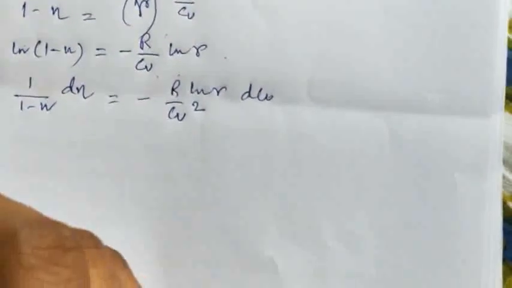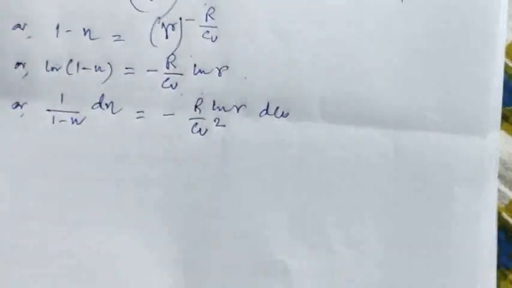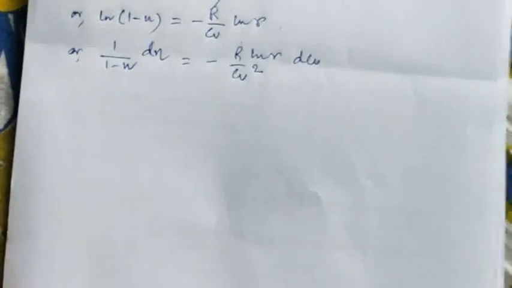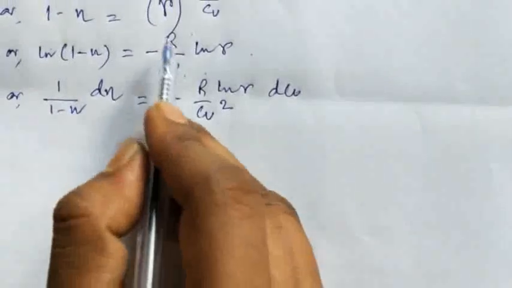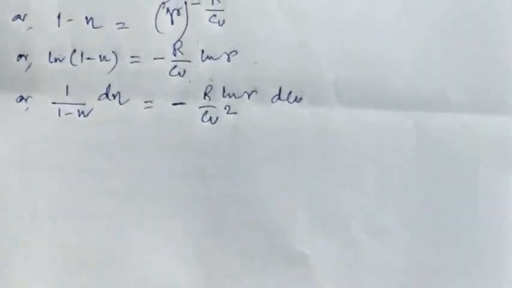Okay, actually we are integrating both sides. The integration of 1 by Cv equals 1 by Cv square.